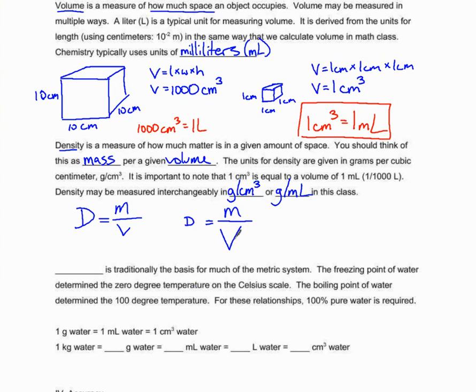So volume goes up, density goes down, if mass stayed the same. Looking at another one, let's say that volume stays the same, so same size V, but the mass is greatly increased. When you increase the top number, your overall value is going to increase. So mass is larger, density is greater. Volume is larger, density is smaller. That's going to be the general relationship here.